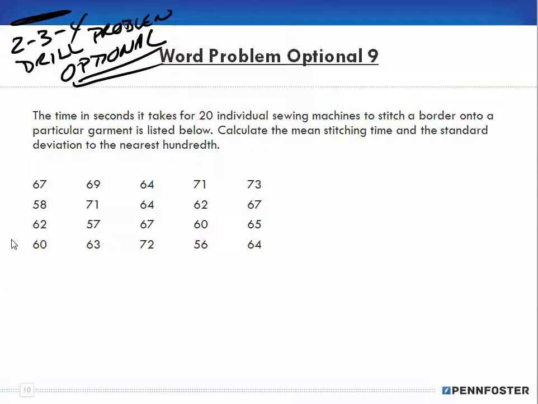This problem, the data points are only 2 digits long, and you'll see that even that one extra digit makes a huge amount of difference in the size of the numbers that you're working with and doing the calculations. And just from that perspective, this optional problem number 9 is just much, much easier than number 8, even though you're going to do the same exact number of steps. You're dealing with smaller numbers. It's easier to keep a handle on doing the math.